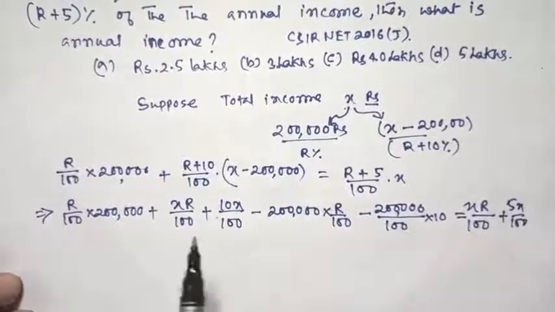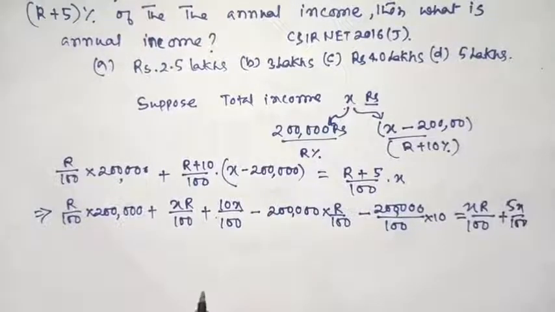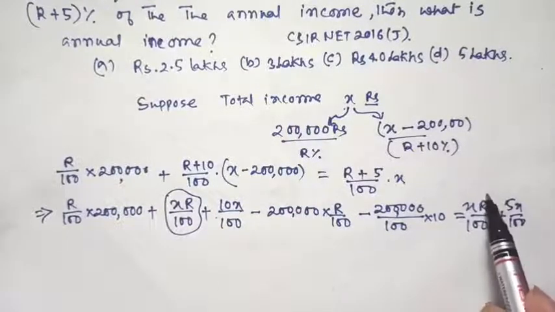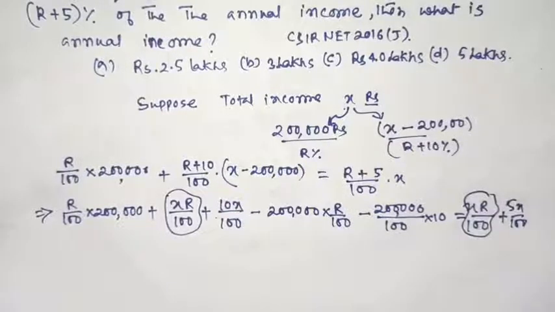So out of this simplified equation, you see this XR divided by 100 will be cancelled out by the XR divided by 100 on the other side.